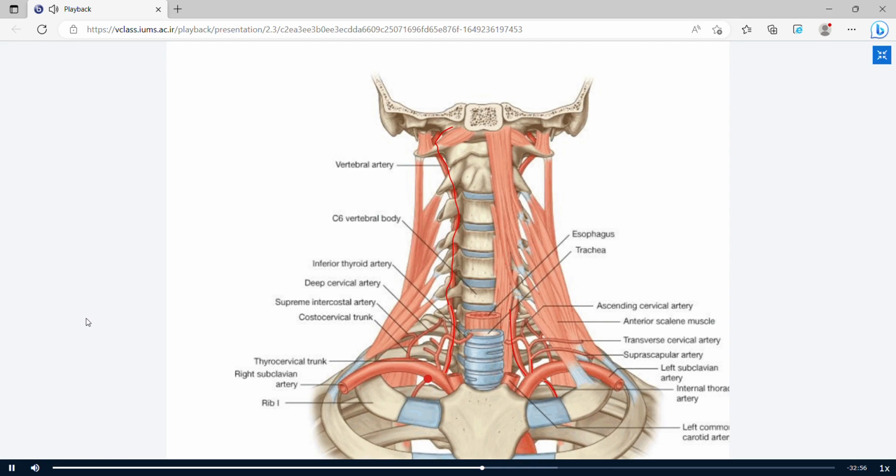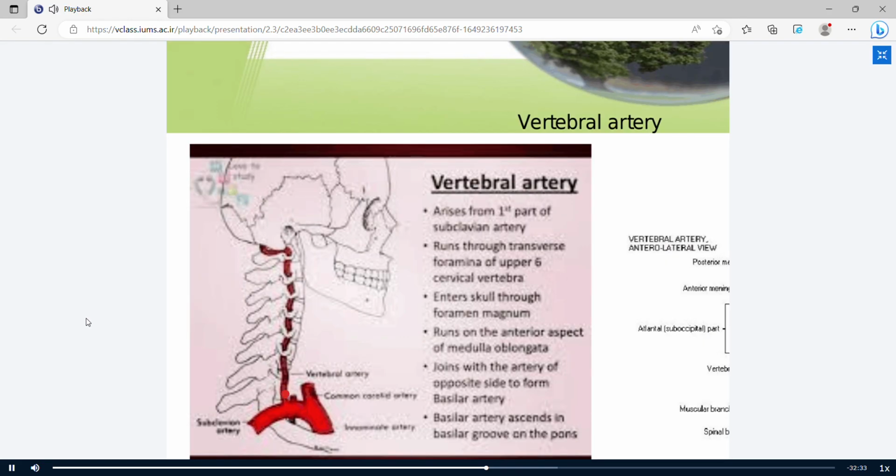This is the internal thoracic artery, raised from the first part of the subclavian artery. It goes posterior to the first costal cartilage and travels downward. And this one is the thyrocervical trunk. This is the vertebral artery.